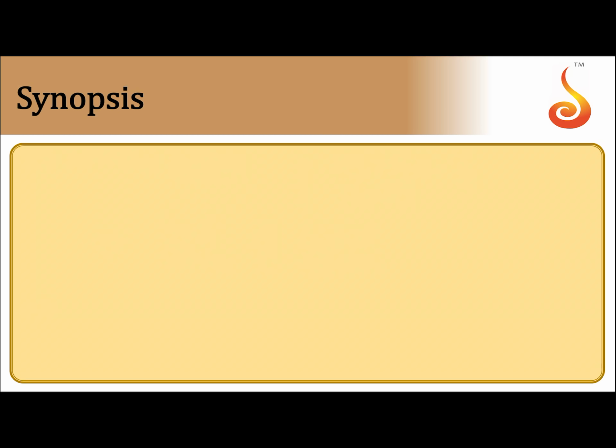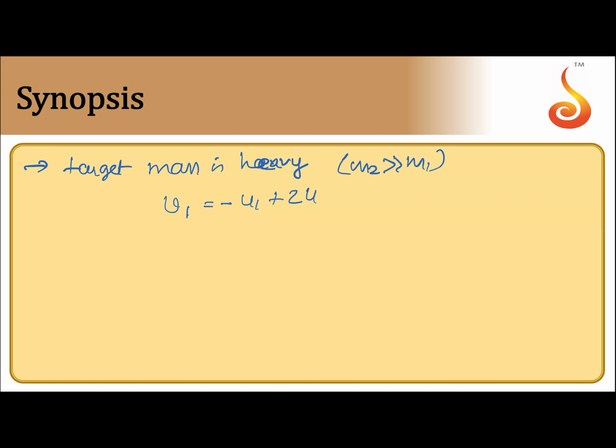Let us consider one more case. If the target mass is heavy, that means m2 is much greater than m1, then v1 is equal to minus u1 plus 2u2 and v2 is equal to u2.